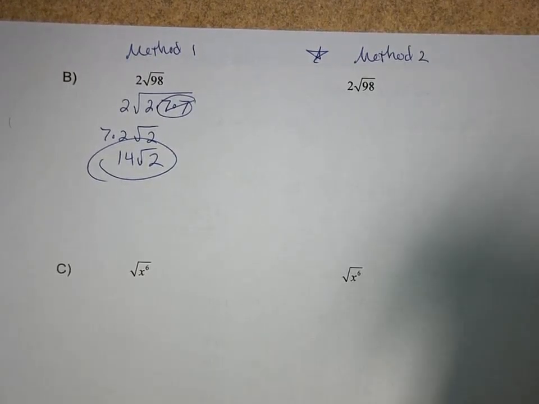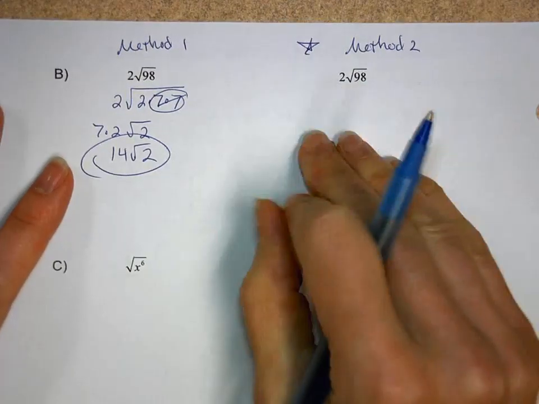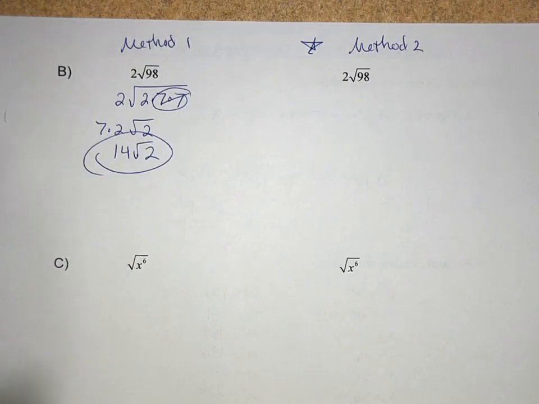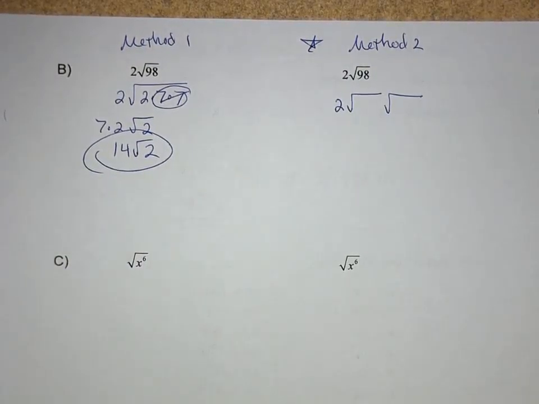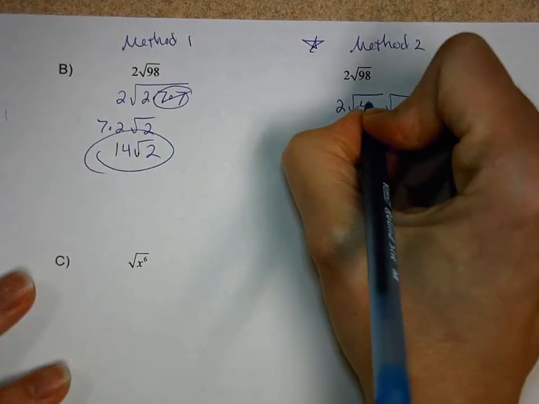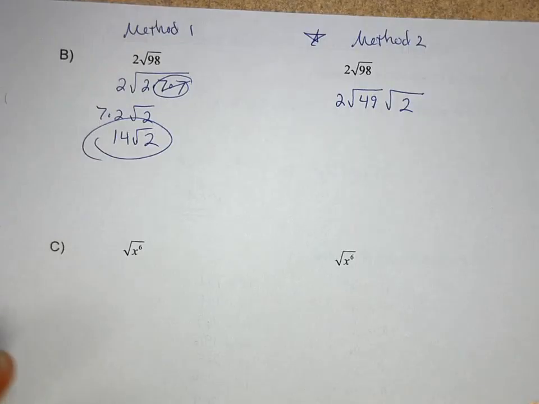Because when we look at the next method, which is the one that I prefer, and I get 2 times the square root of 98 here, I rewrite it in my 2 sets of parentheses. The middle one is the one that I want to put my perfect square number in. What's the largest perfect square number that comes out of 98? What did you have earlier, Zach? 49. What's left is a 2.